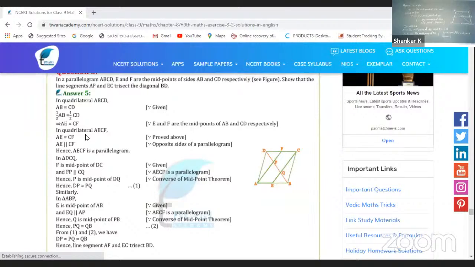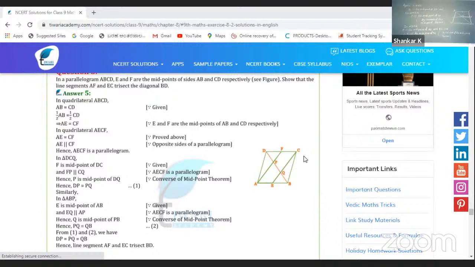Then in quadrilateral AECF, what happens? AE equal to CF. And also AE is parallel to CF, because AB and CD are already parallel. AE and FC are parts of AB and CD. So AE is parallel to CF.